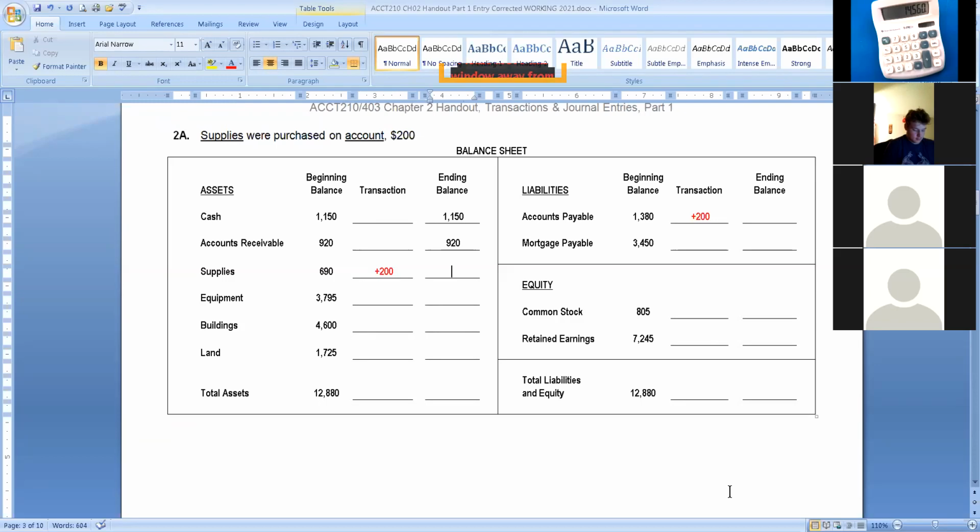$690 plus 200 is $890. Okay, so this should actually come out to be what, $200 more than that, right? We added 200 to the side, so it should go up to like 13,080.